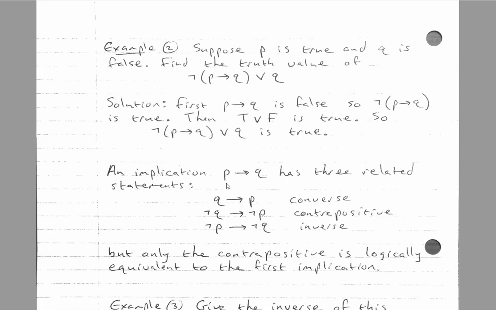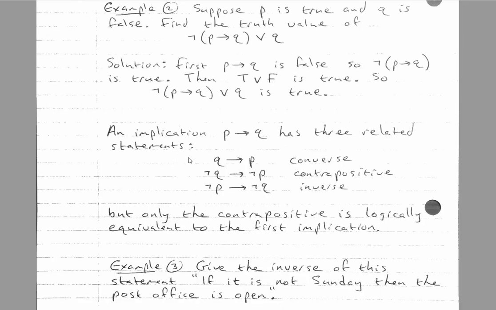Okay, when you're talking about implications, so P implies Q, there are three related statements. People were confused by this in the homework. If you start with P implies Q, then the converse is Q implies P, just switching the letters.